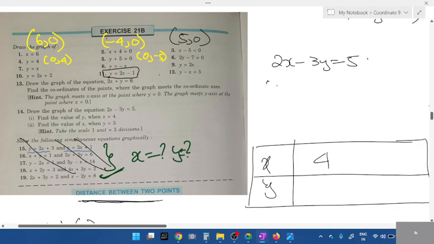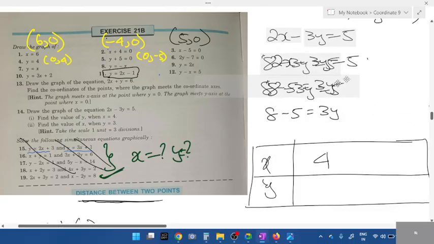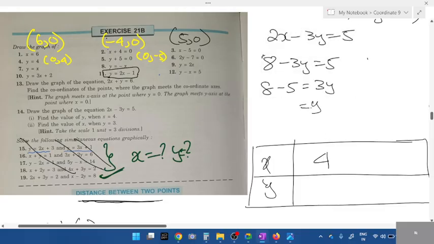What is 2 4s? 8 minus 3y is equals to 5. Shift, minus 3y becomes positive. Bring 5 this side. 8 minus 5 is equals to 3y. Y is equal to 1. Very good. If x is 4, y is 1. Next, what you have to take? Same question, it is not two different questions. Y is equals to 3. Take 3. Substitute here.